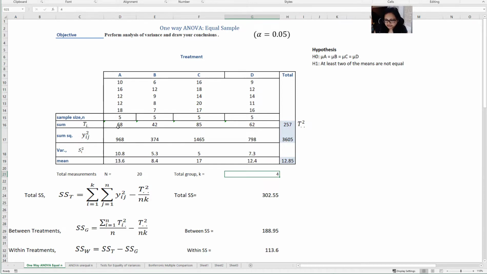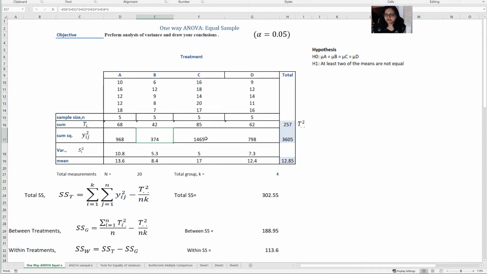After that, I sum these observed values. You can see I found the sum of each of those treatments, and then the sum of squares, that means I square each of those values and sum them. That means 10 squared, 16 squared, 12 squared, 12 squared, and then I sum them.